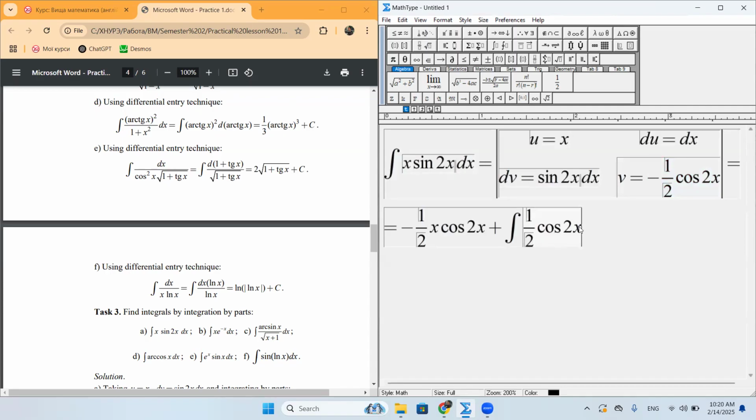So we have v, and now du, dx. What we basically have is almost a table integral. Calculating this integral, we will receive plus 1/4 sine of 2x plus c. So any questions about this task?